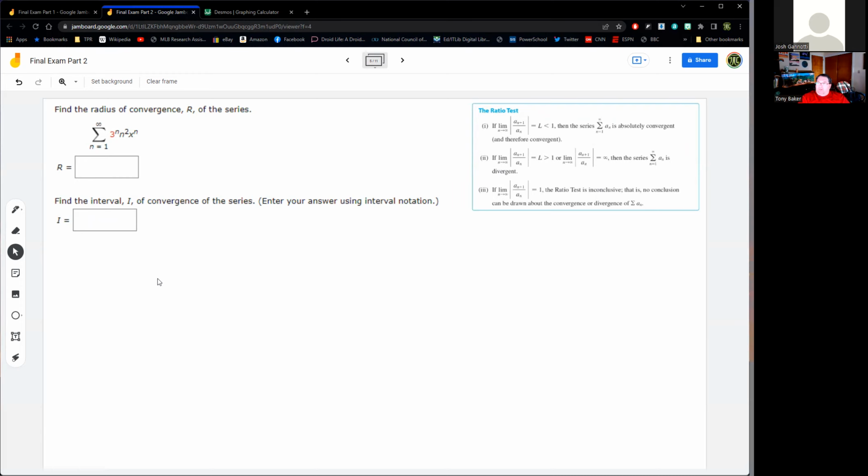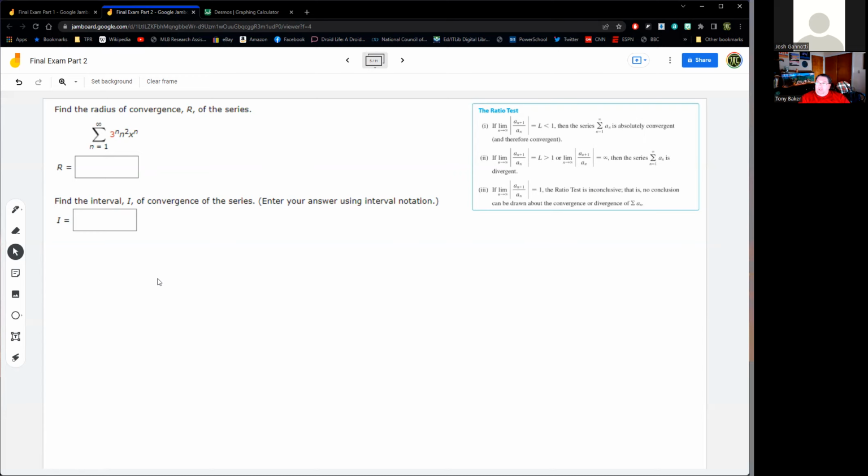Remember, the ratio test, just like the root test, less than 1 is convergent, greater than 1 is divergent. Equals 1 is inconclusive, so we plug those endpoint values in to see if it converges or diverges at those points to come up with my interval.